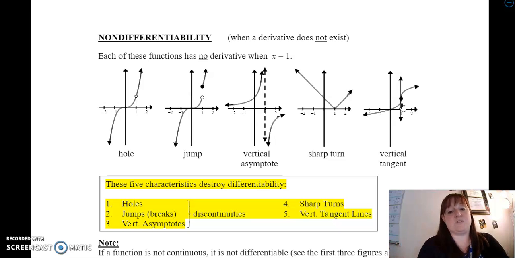Because the derivative would be undefined. So these two functions are continuous but not differentiable at these points. These functions are not differentiable because they are not continuous. So a function has to be continuous at that point, and it has to have no sharp turns and vertical tangents. So some of them you're going to be able to see right away. A lot of them you're not going to be able to, so I'll show you how to find them.